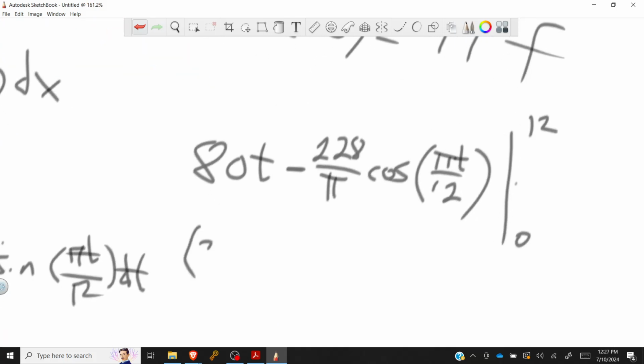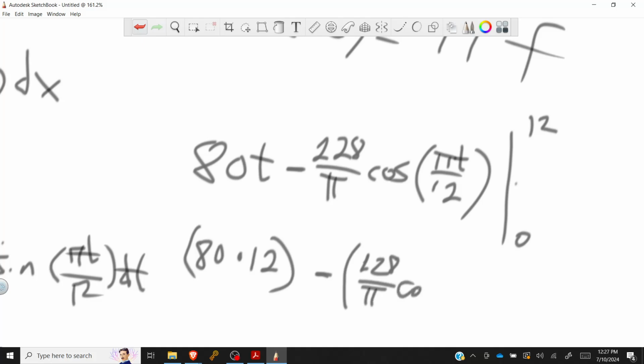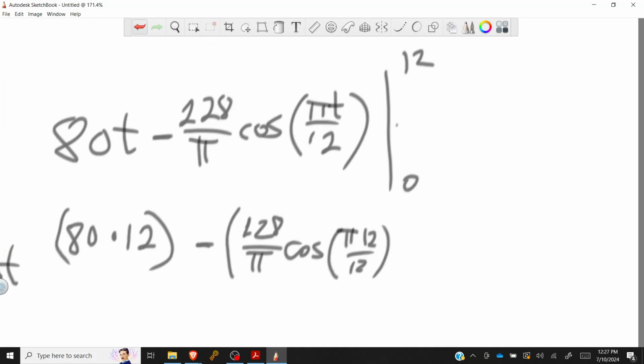So now we can just plug in 80 times 12 minus 228 over pi cosine of pi times 12 over 12, minus 80 times 0 is 0, minus 228 over pi, cosine of 0 was 1.